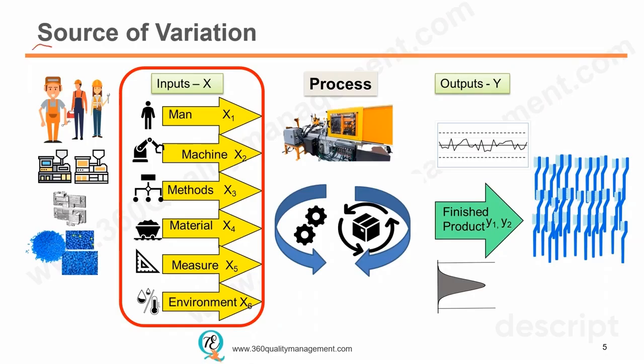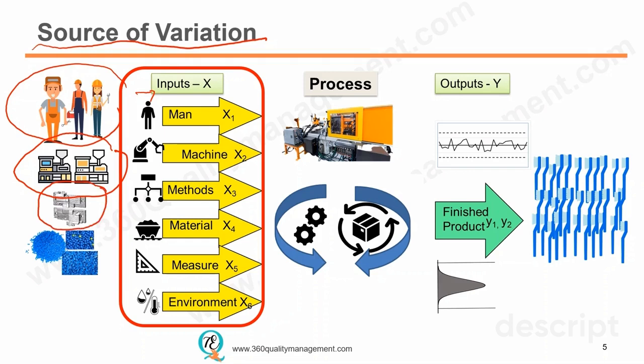Let's look at what are the sources of the variation. The source of variations is actually from the process inputs themselves. It could be from the man, where different operators could have different ways of setting up the machine parameters. It could be the molding machines, where a different molding machine is used, or even the mold itself.